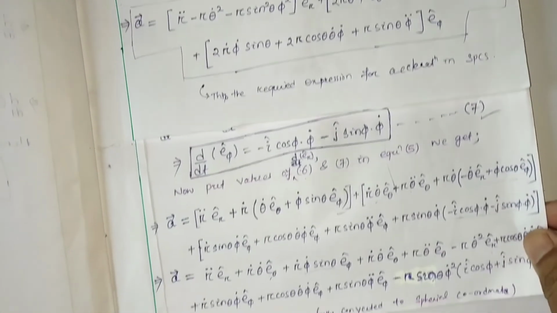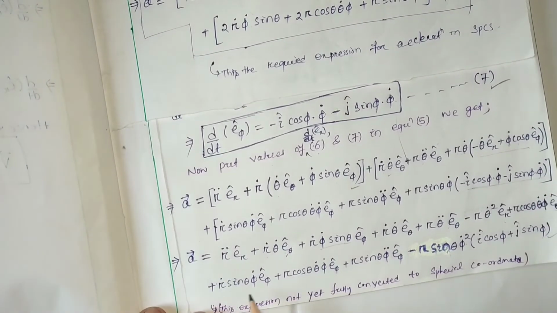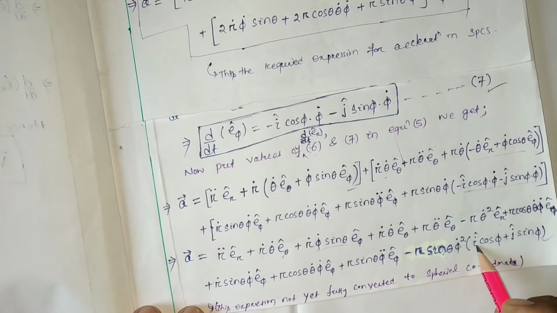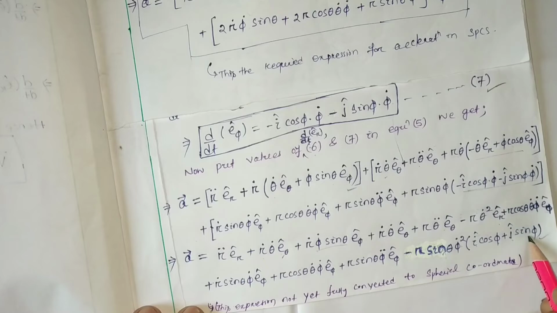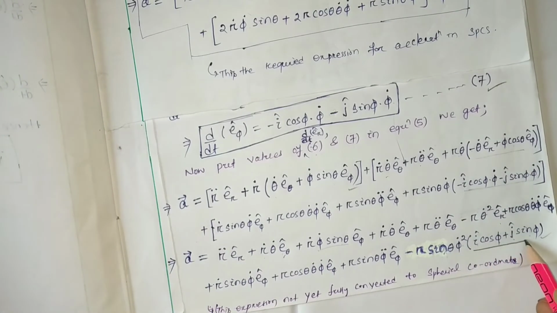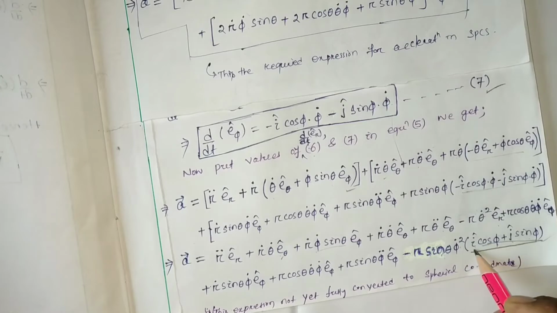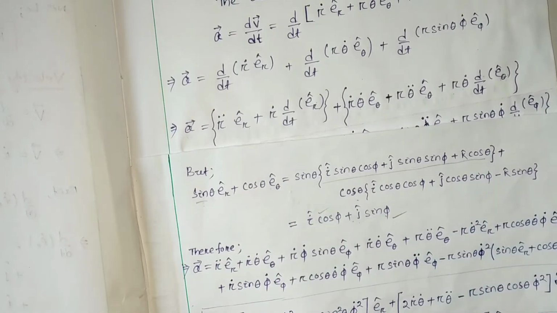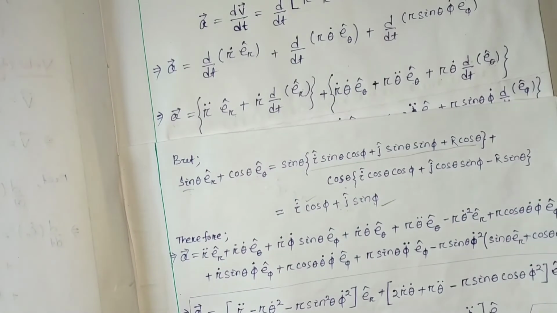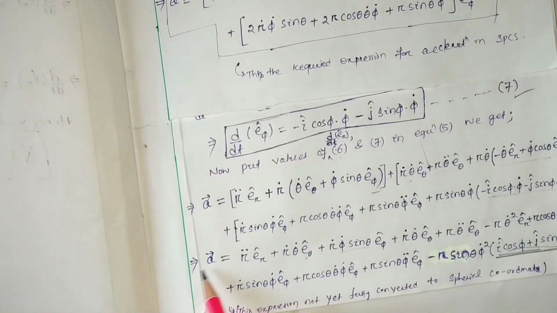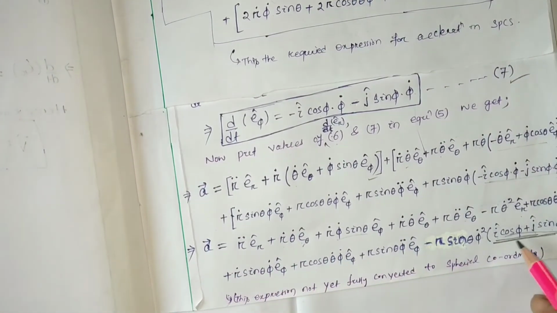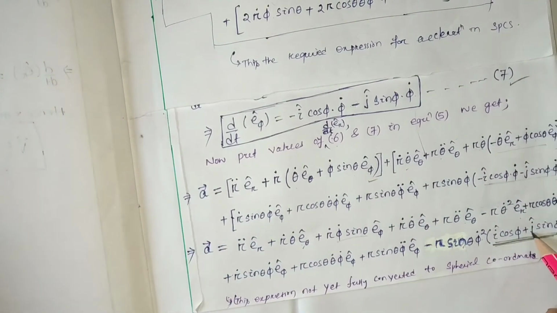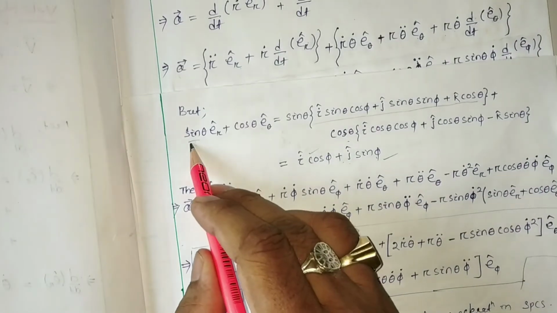So here at the end, in this expression we have minus r sin theta phi dot square times i cap cos phi plus j cap sin phi. So instead of i cap cos phi plus j cap sin phi, what can we write? We can write sin theta e_r cap plus cos theta e_theta cap. That we are going to do now. That implies A will be this much we found, no? Instead of i cap cos phi plus j cap sin phi, we have to substitute this value.